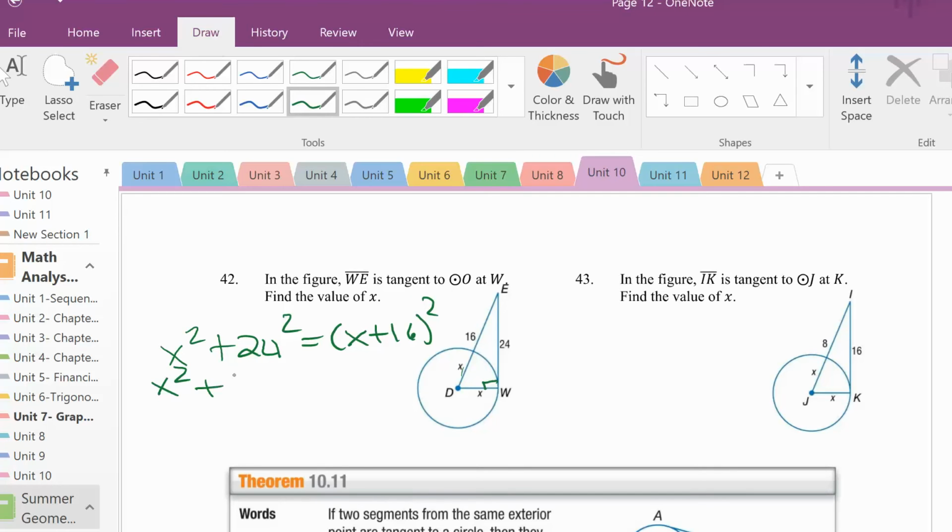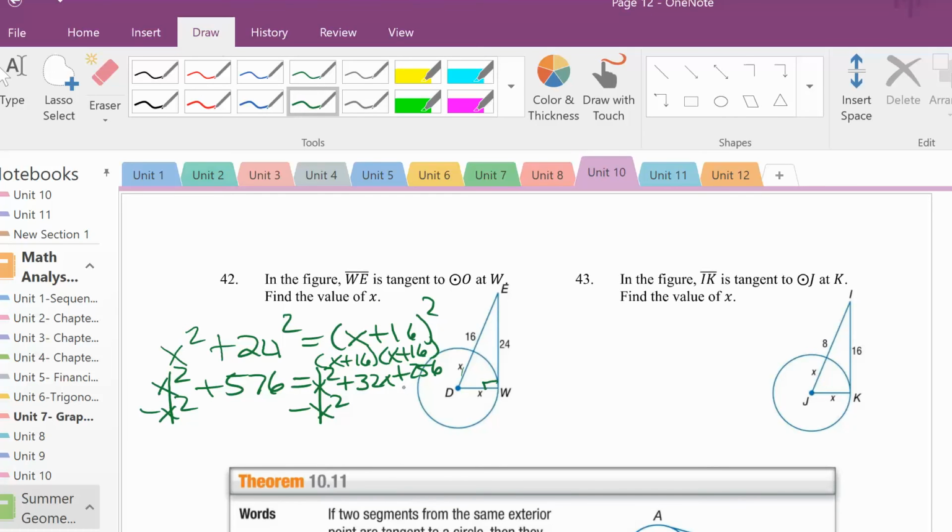So X squared plus 576 equals, here you have to FOIL. So when you FOIL, you get X squared plus 32X plus 256. Subtract X squared from both sides, so they cancel.